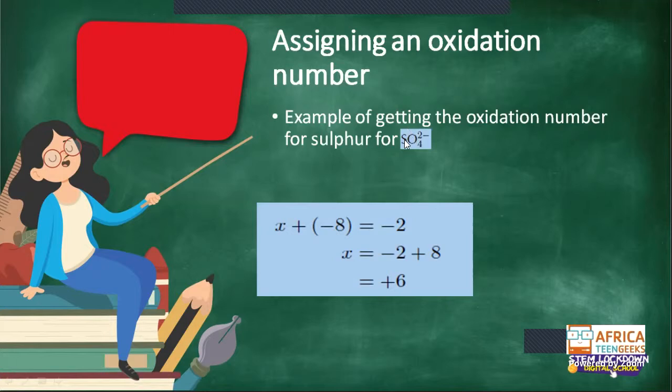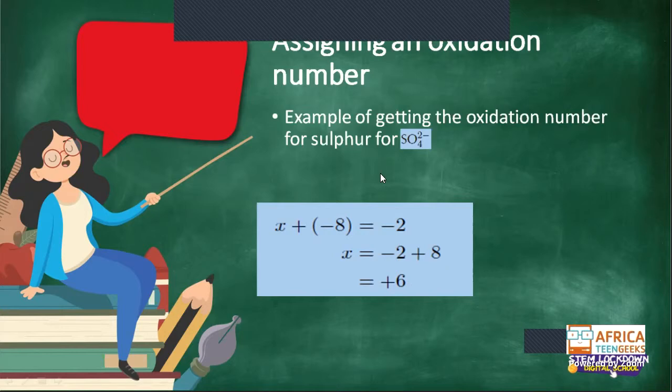Because we are looking for the oxidation number of sulfur, x will be the oxidation number of sulfur. We make x the subject of the formula, and -2 plus 8 gives us 6. Which means that our oxidation number for sulfur in this reaction is +6. Do you guys understand?